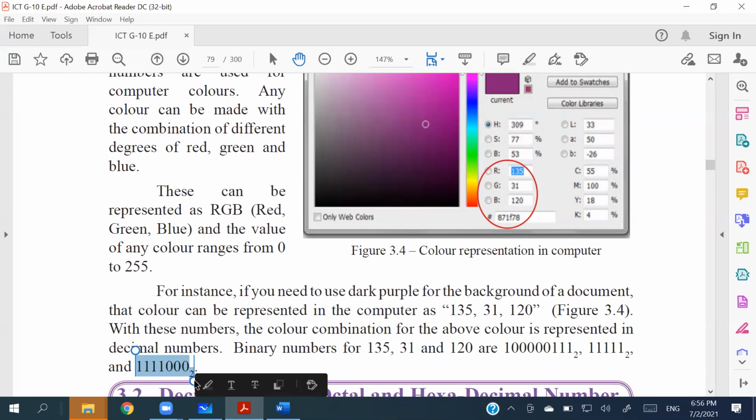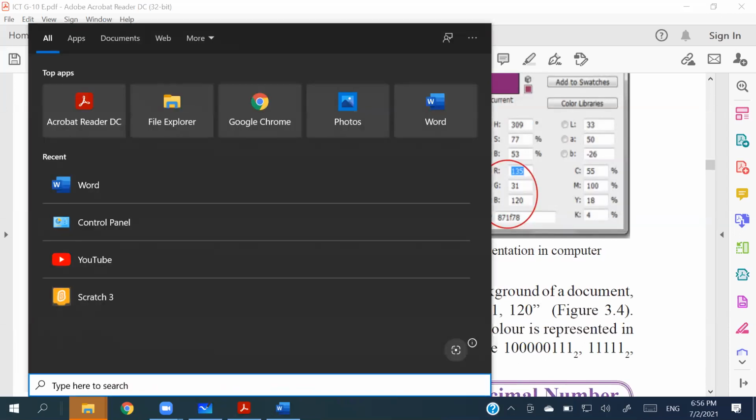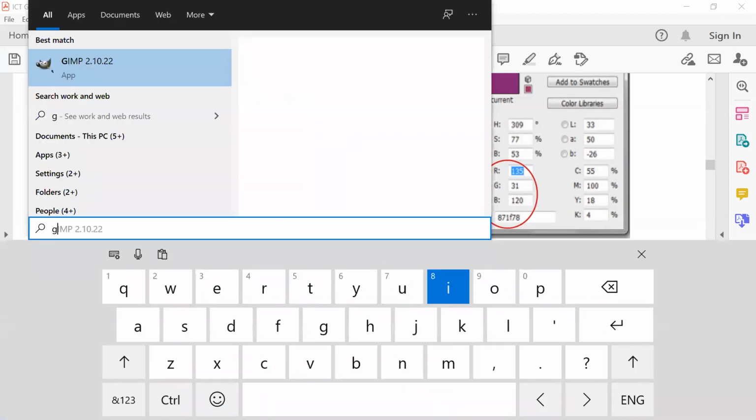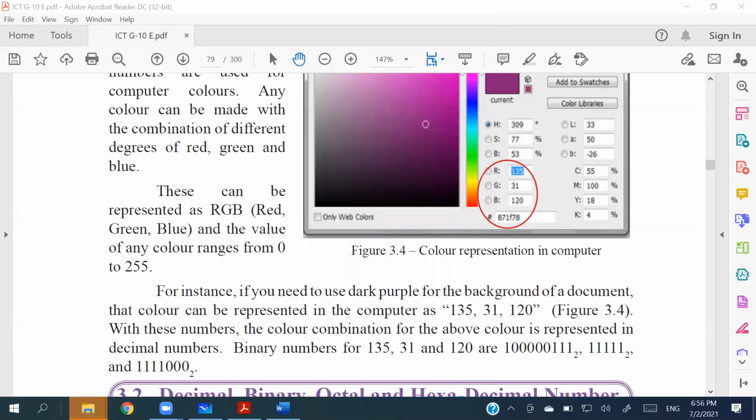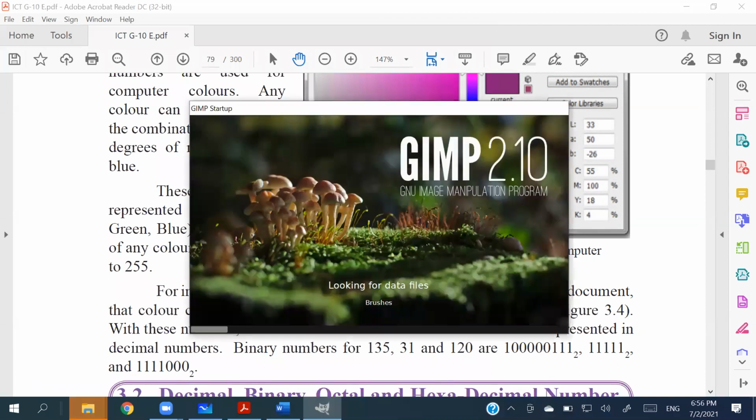In grade 11 you are going to learn about the graphic editing software called GIMP. If I show you how GIMP is, I can show you this particular window over here. So GIMP will start. In that, I can show you the color palette, where you can find different kinds of colors.